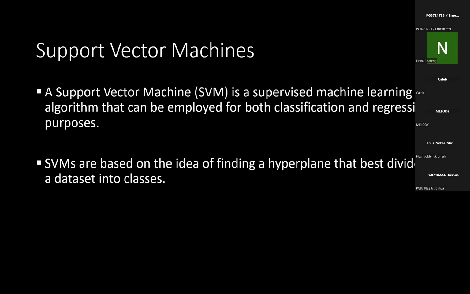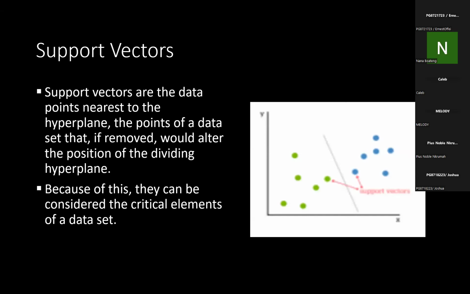So it's to find the hyperplane, or should I say a separator, that best divides the data set into classes. In order to do that, there are some terms we need to understand.